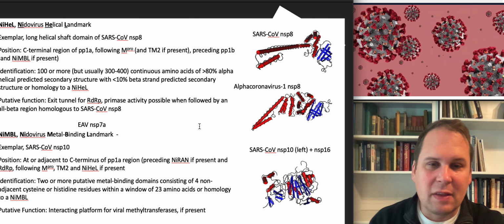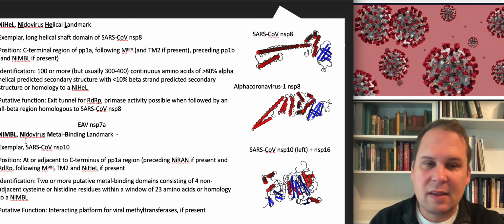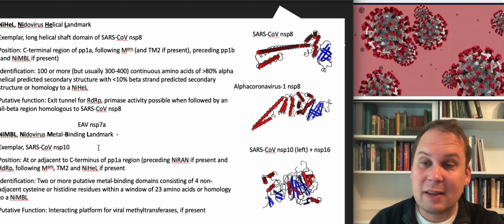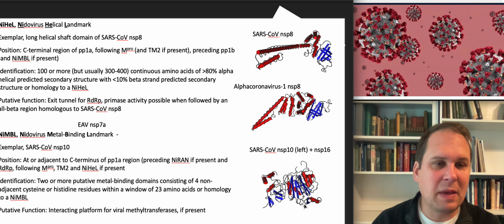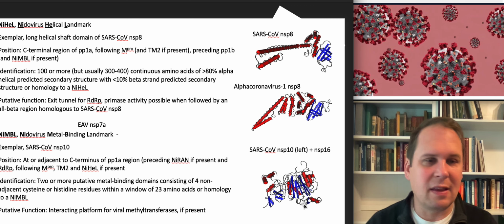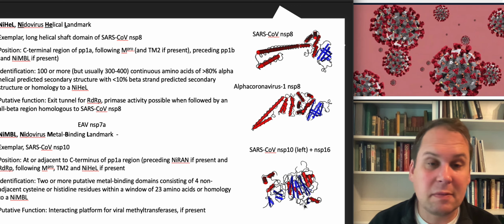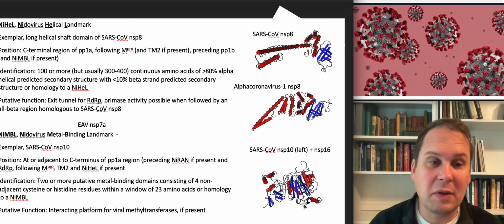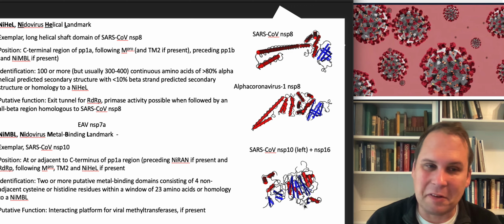And also, the other thing that you'll find conserved in pretty much all of these is a thing that I would call the metal binding landmark. This is going to be a little protein that's equivalent to NSP10 in coronaviruses and binds 2 zinc molecules, is mostly beta-stranded, and is located right at the end of polyprotein 1a every single time.